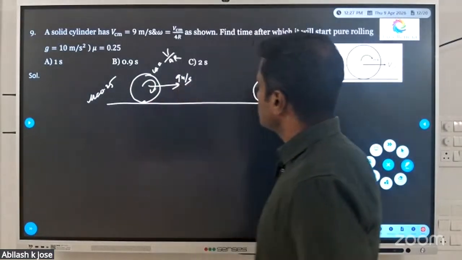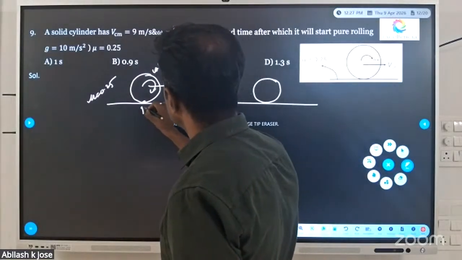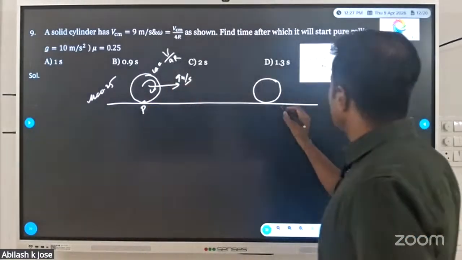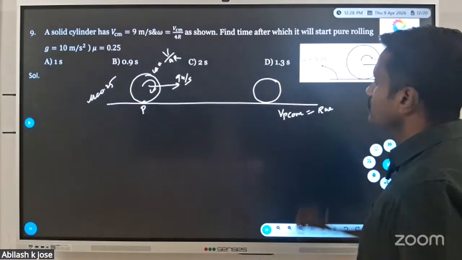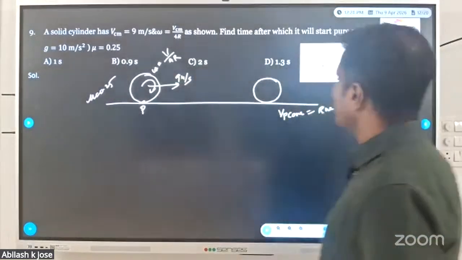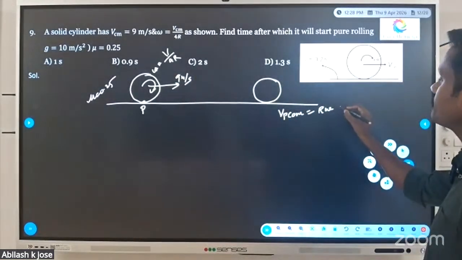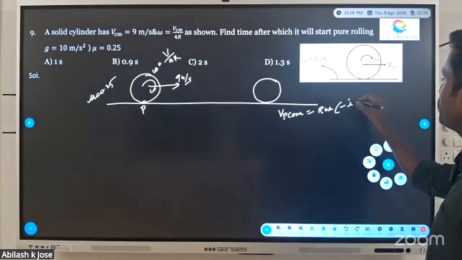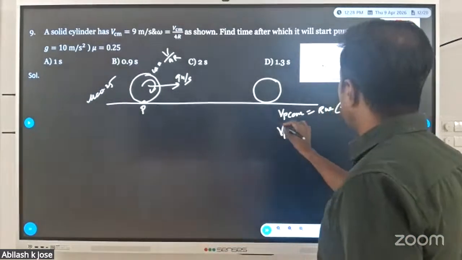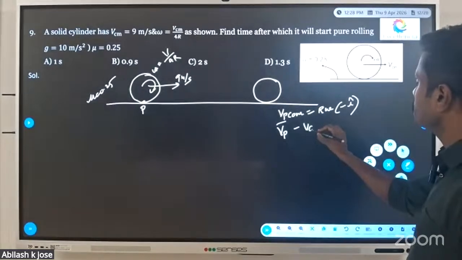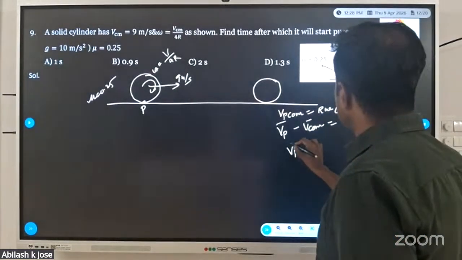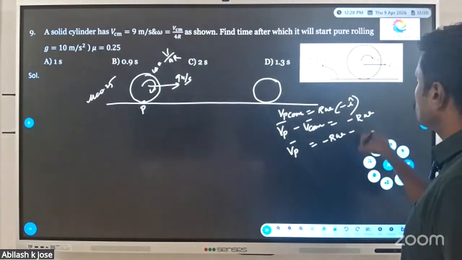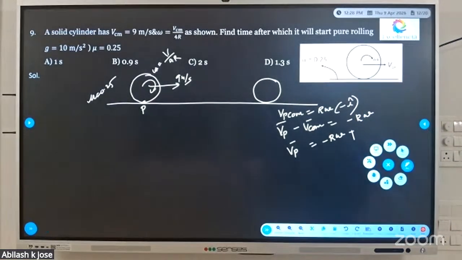Now, if you calculate the velocity of point P, the velocity of point P with respect to the center of mass is R omega in the backward direction, so you put it as a minus sign. Velocity of P minus velocity of center of mass is equal to minus R omega. Velocity of the point P is equal to minus R omega plus velocity of center of mass.